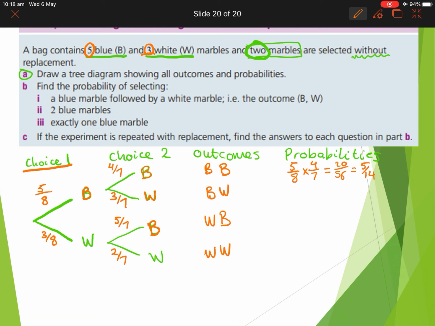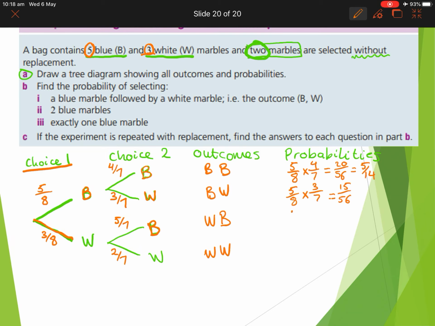Next one, okay, we're choosing a blue first, which is that 5/8. And then to get a white, the probability of the white is 3/7. Okay, which is going to be 15/56, which stays like that. Next one, okay, white first.